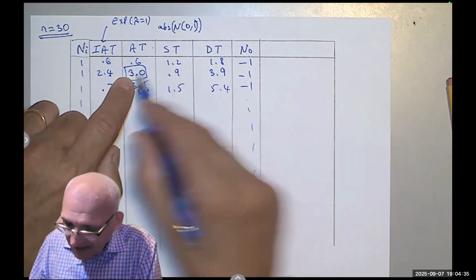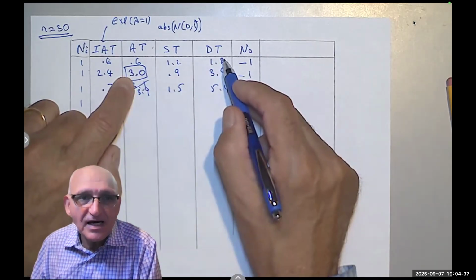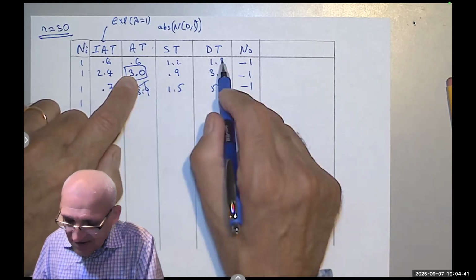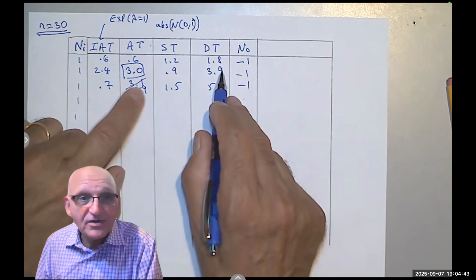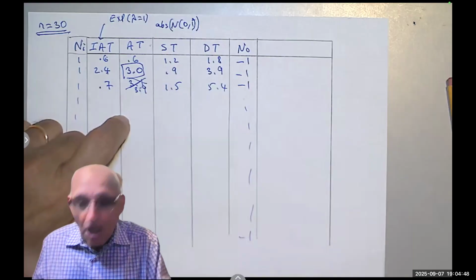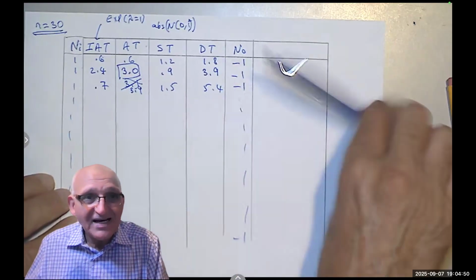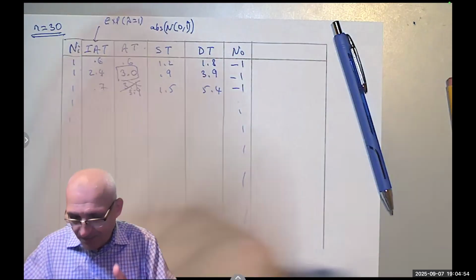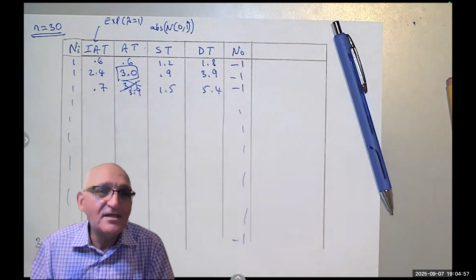I have to check the departure time of the previous guy. And if this one is larger, I use it. If this one is larger, like for customer 3, I say, nope, I'm going to use that. But for the first customer, I don't have to do any of this because the system is empty. Once the person arrives, they'll go right away and order.